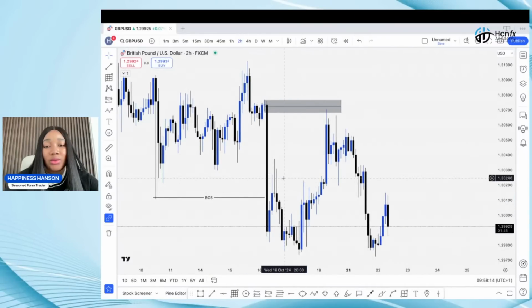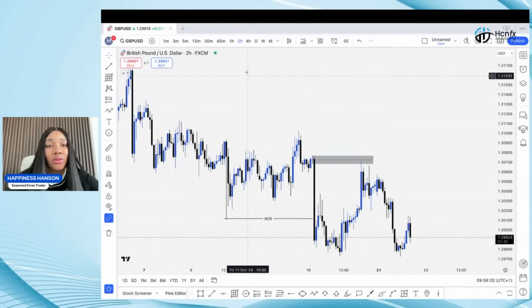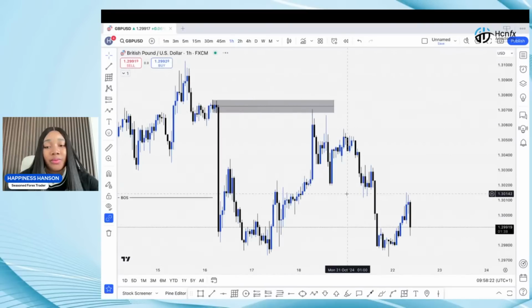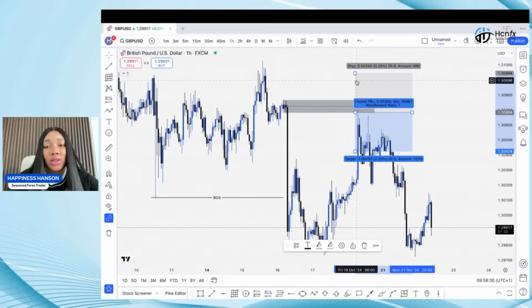Price has mitigated this one, so we expect this origin to give us a new break of structure. Once we get that, we are entering a sell again. Viewing from 1 hour, we need a new break of structure because price has mitigated this one, and this is a clean sell setup.